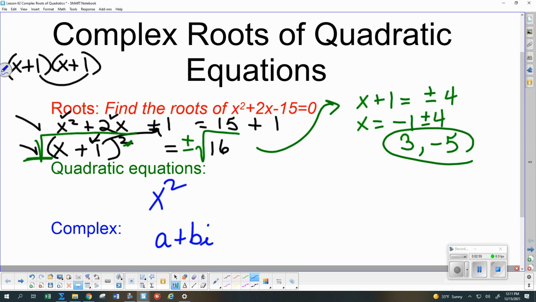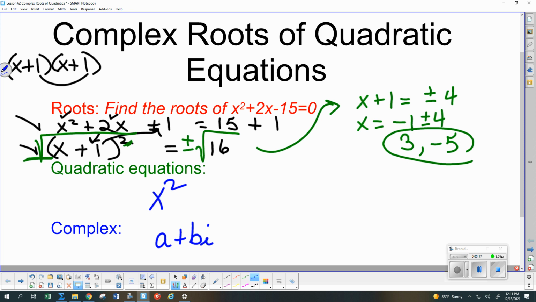Now, remind me, where does the imaginary number i come from? What was the definition of i, Daniel? Exactly. If there's a negative number inside the square root, it's not a negative square root. A negative on the outside is okay.